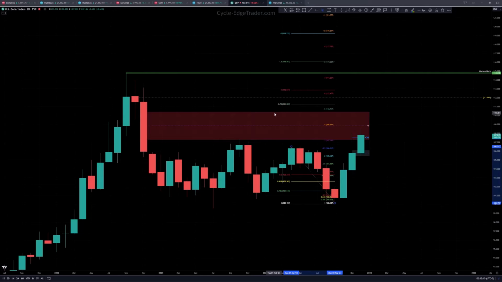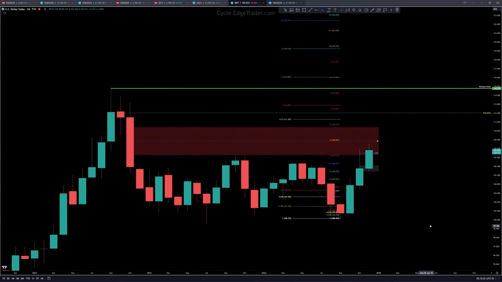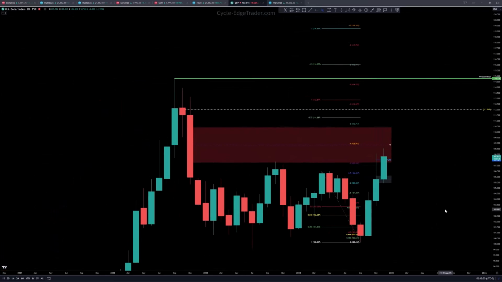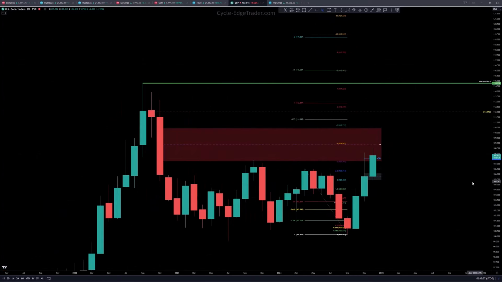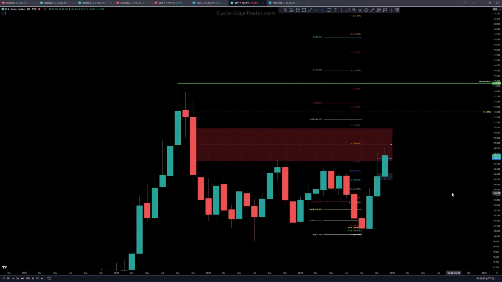For me the relevant price levels are the ones which are overlapping with each other. The closer they are to each other, the more they overlap, the more likely it is that this price level will be reached. And here we have clearly a price level. This is the price level that we are pointing at for the end of February.